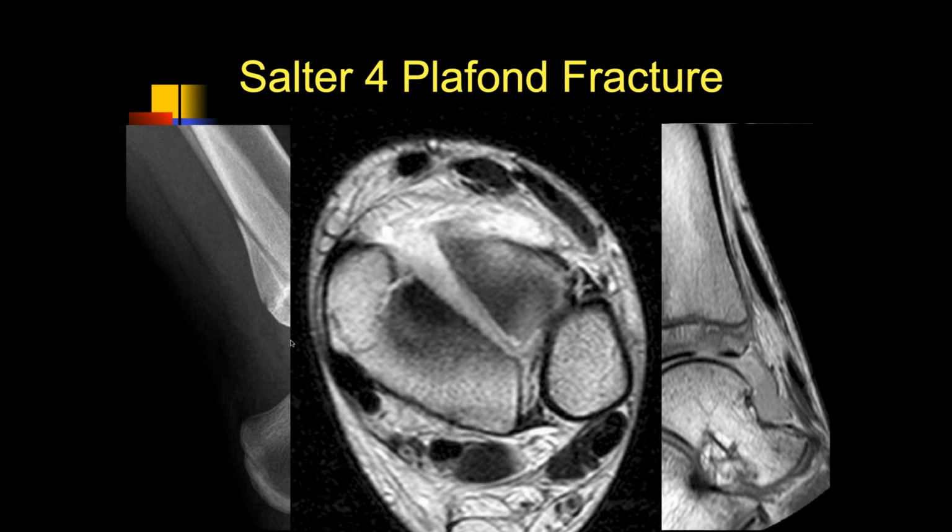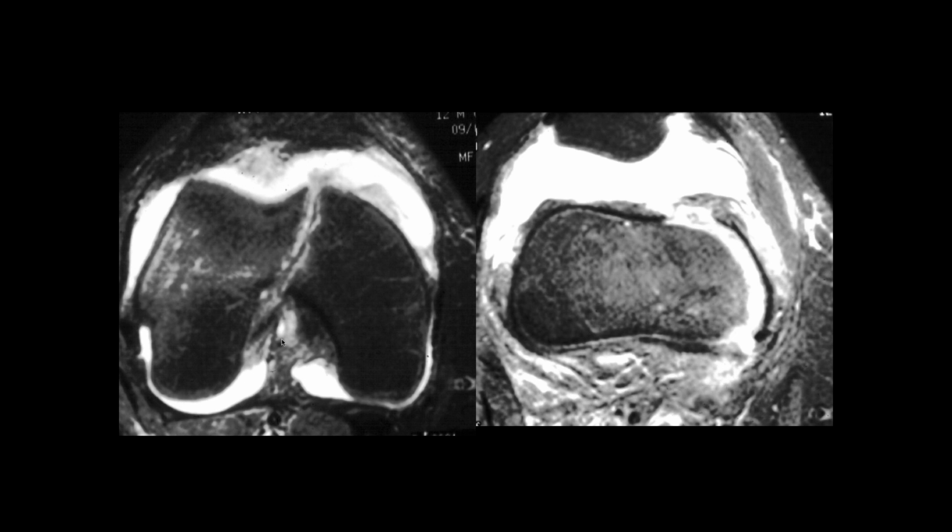You have to put them back anatomically. 3s you have to watch, because they can become separated. But 4s you almost always wind up operating on. It's pretty hard to reduce them and not operate.